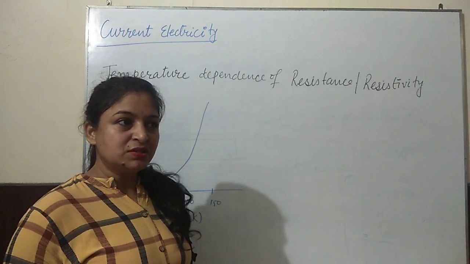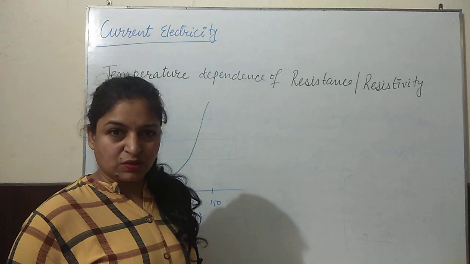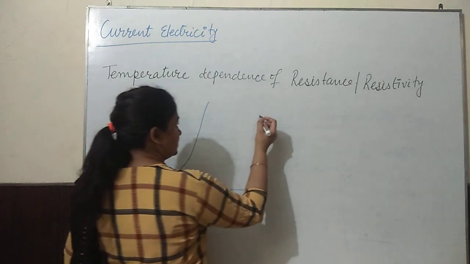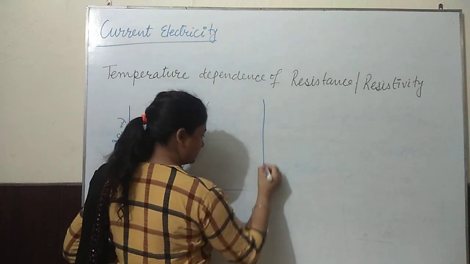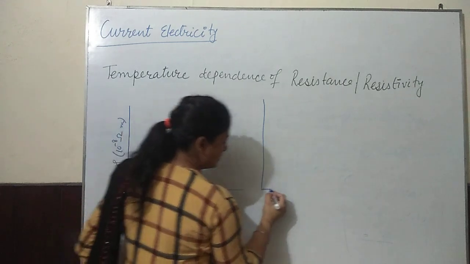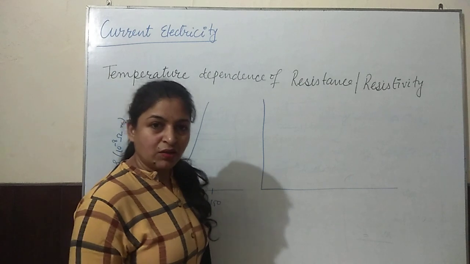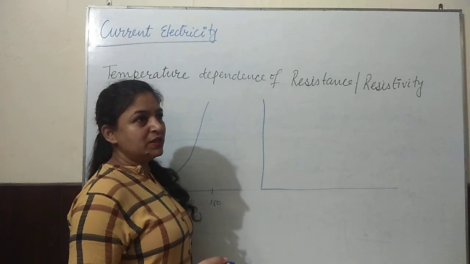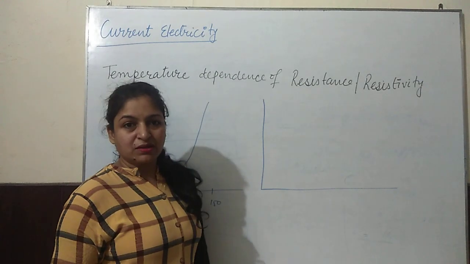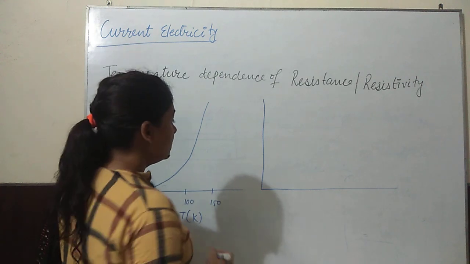Their resistivity is remaining approximately constant. So small variations, the resistivity of alloys will remain constant. So alloys generally, we use alloys for making the resistance coils. These are nichrome, manganese and constantan.